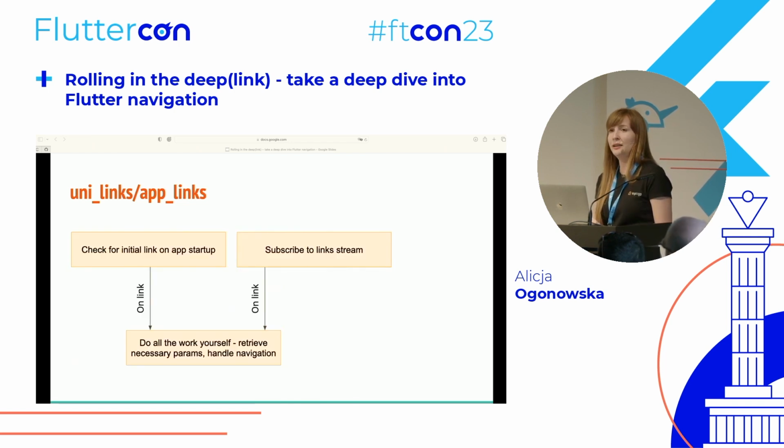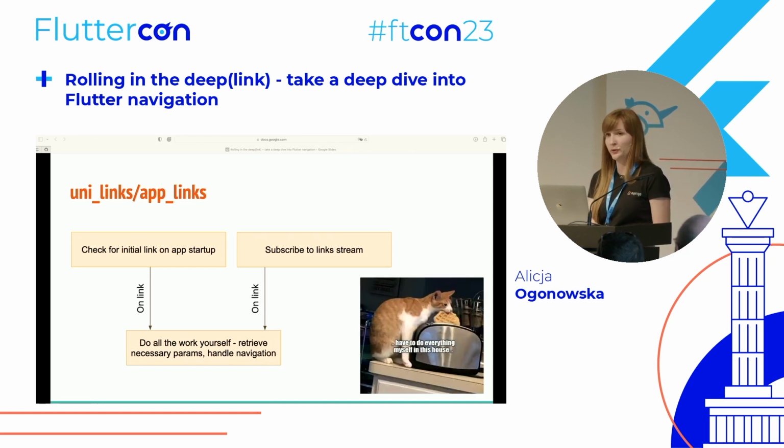But they basically expose similar APIs. So what you need to do in your app is first check for the initial link. So this is what triggered opening your app. And then you need to subscribe to a stream of links that may come once your app is already running. And then you just have to do all the work yourself: handle the parameters, decide what kind of link it is, and also handle the navigation.